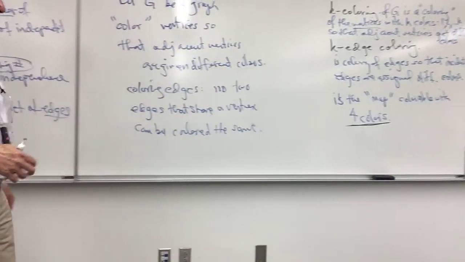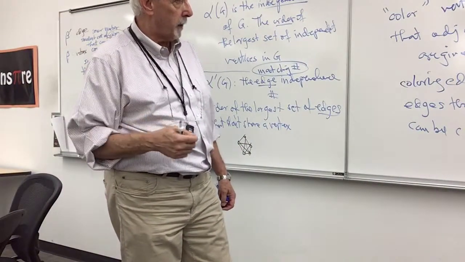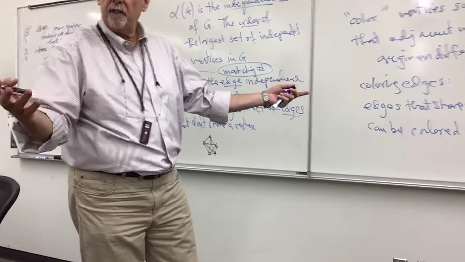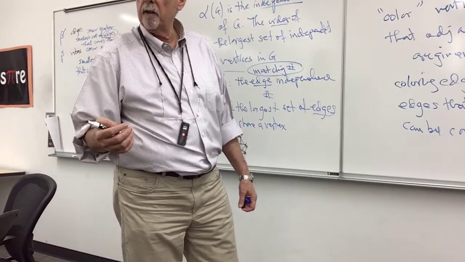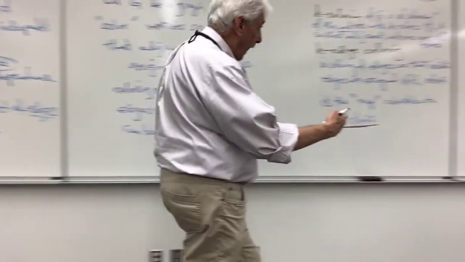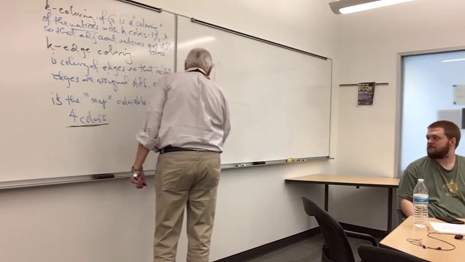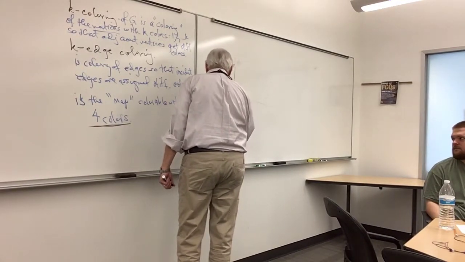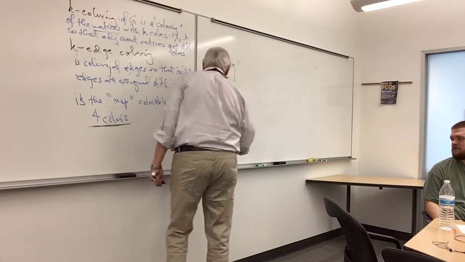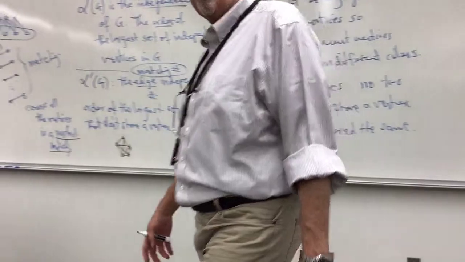Okay, that's called the 4-color theorem. And we'll talk a little bit about that and some of the history. But not all graphs can be colored with 4 colors. Okay, so let's just make sure. So if I take K5, it can't be colored with 4 colors.